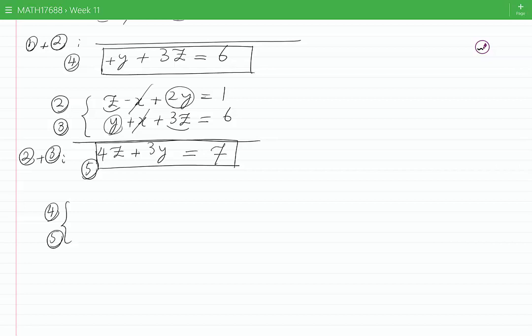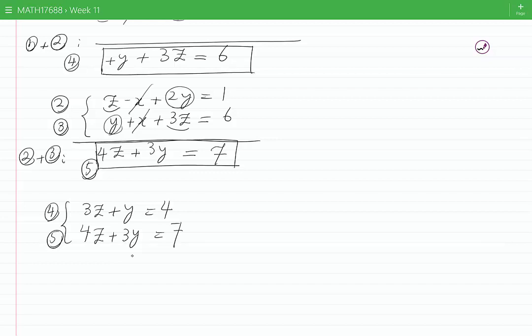Equation 4 reads 3z plus y is equal to 4. And equation 5 reads 4z plus 3y is equal to 7. If we would like to continue with the method of elimination, we would need to combine these two equations in such a way that one of the variables is eliminated.